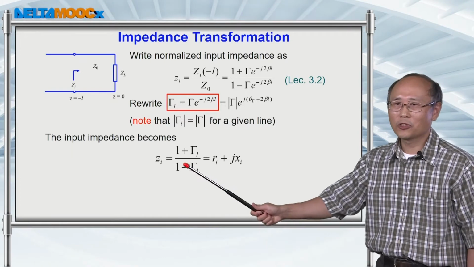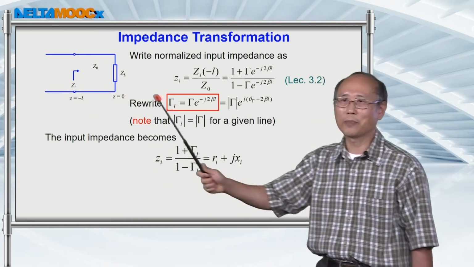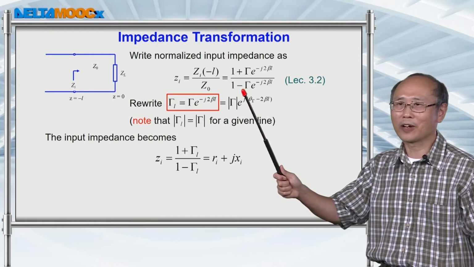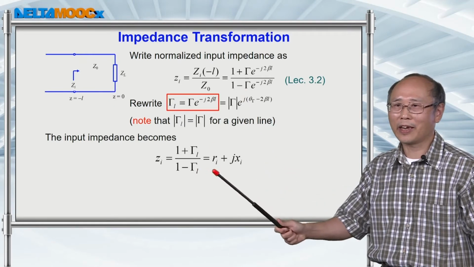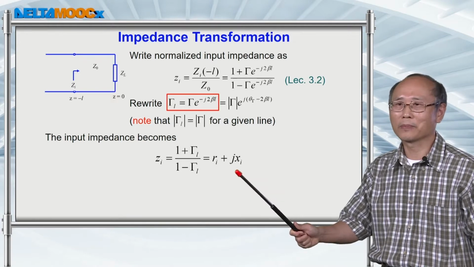And so the input impedance at this location can now be organized into this form derived from this expression. And again, there's a real part and imaginary part associated with it.